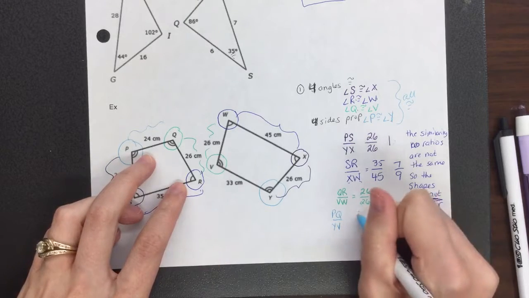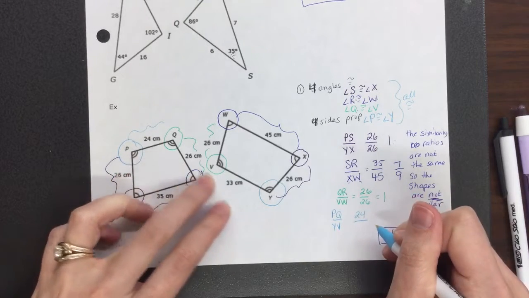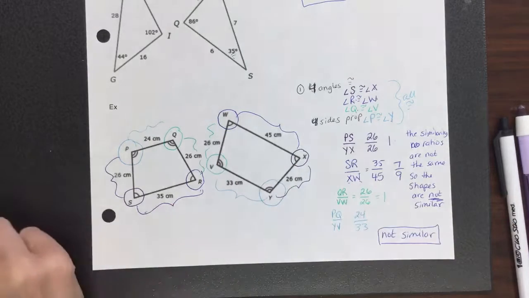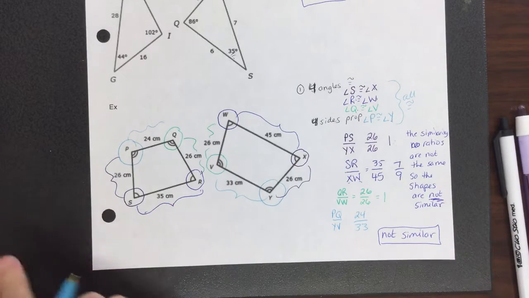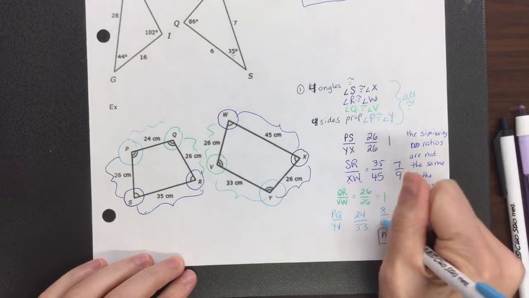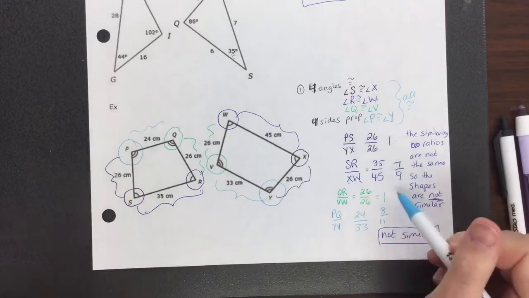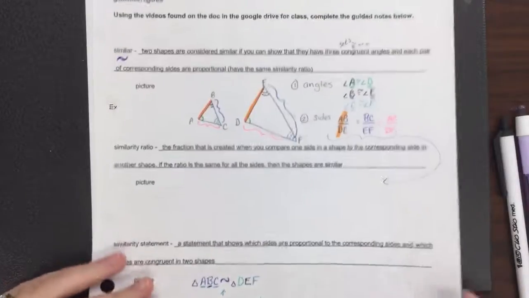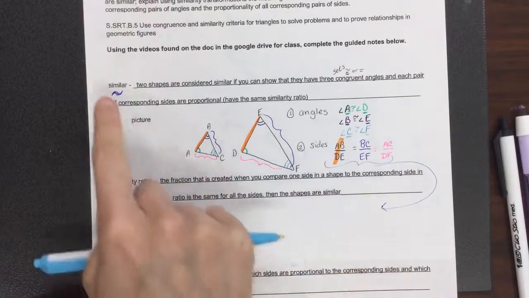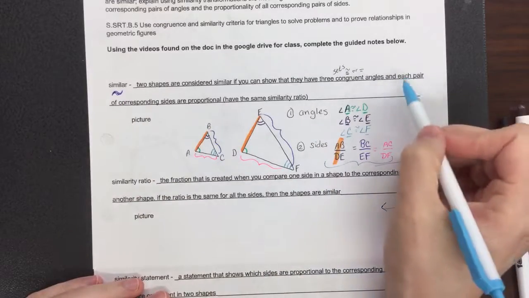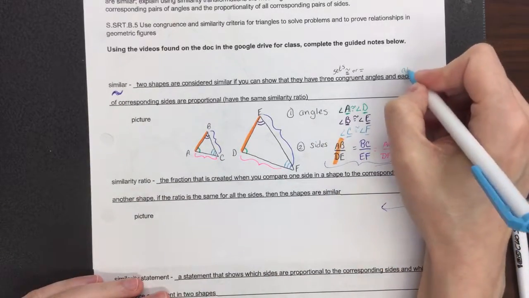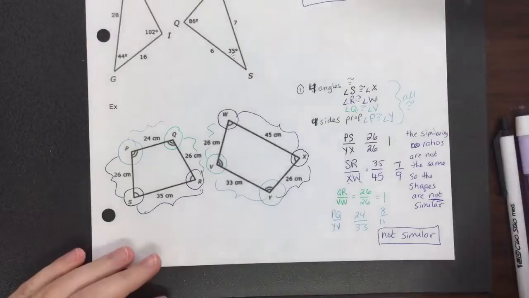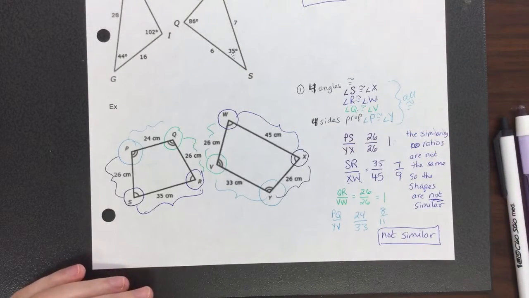So PQ has a value of 24 over YV is 33. 24 over 33 simplifies down to 8 over 11. So even though these two are the same, that's not enough for them to be similar, because if you remember back to our definition of similarity, each and all pairs of corresponding sides have to be proportional. So they aren't all proportional, so those are not similar.